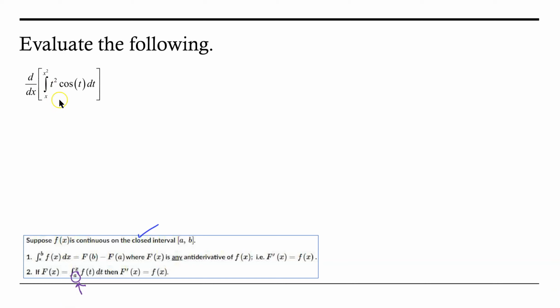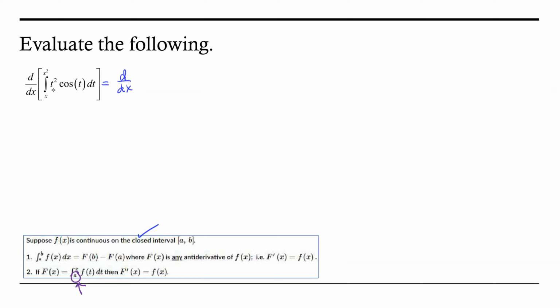Now, since our integrand is continuous for all real numbers, we can use the addition property for integrals, and we can rewrite our integral like this.